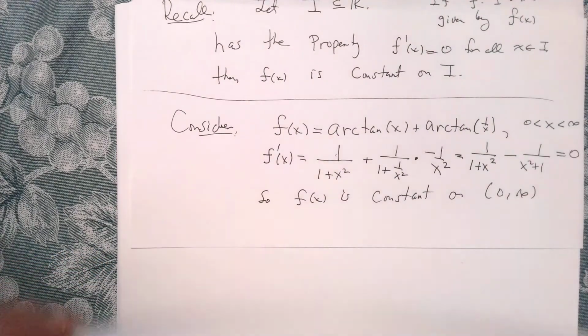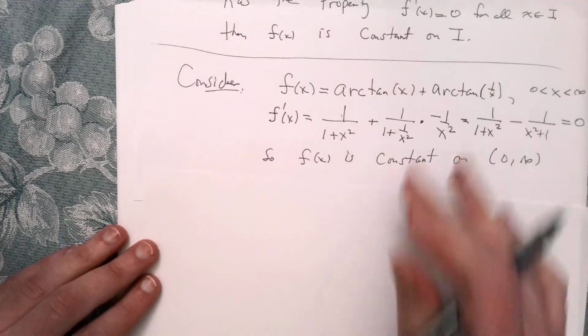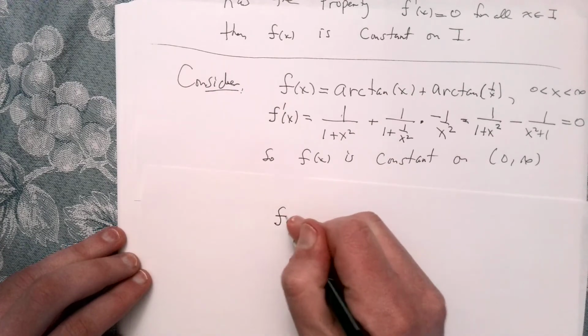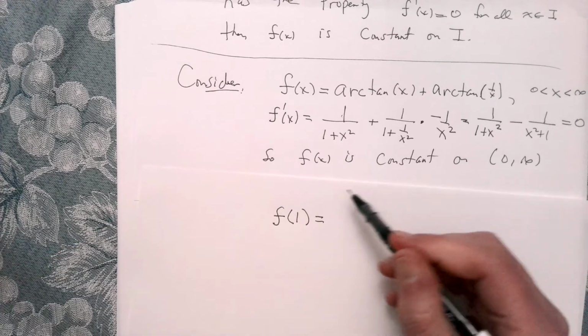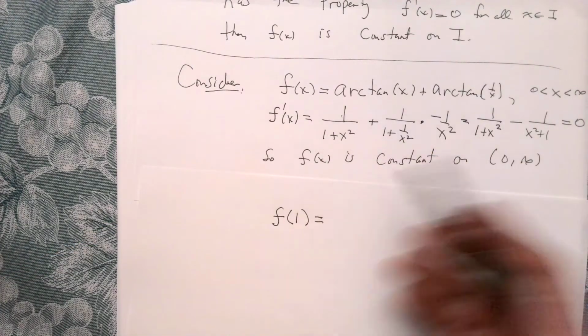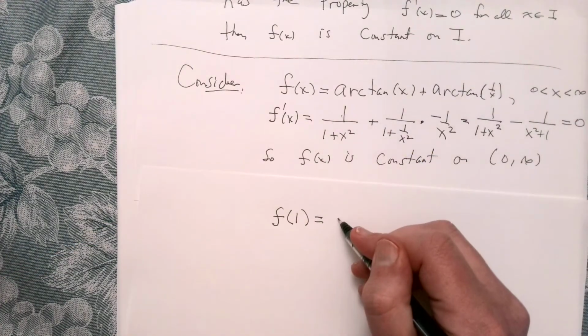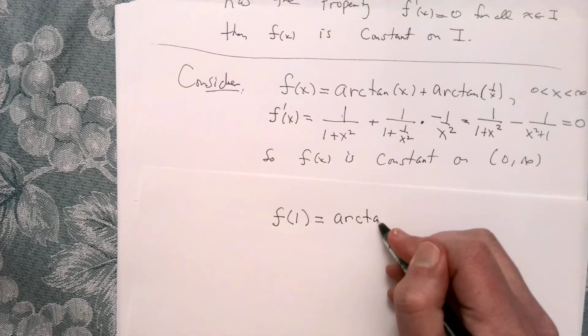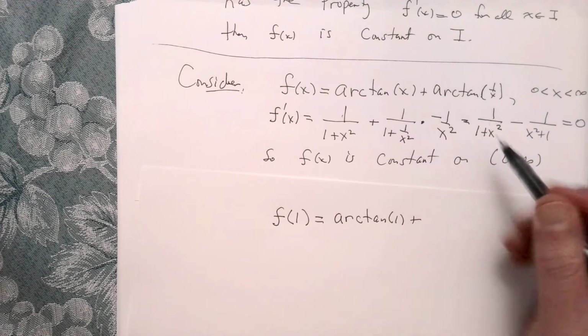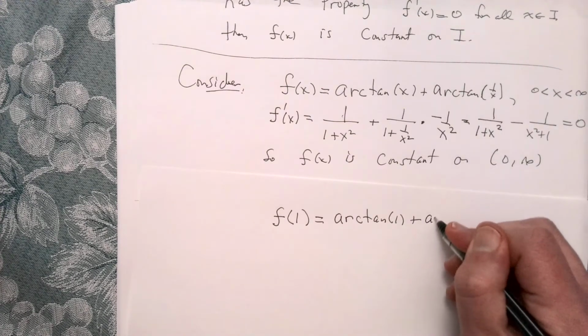So here's where we get to be kind of clever. f of 1 would be equal to, so I'm just doing a computation. I know for all inputs this is a constant function, so again, we can really use that and be clever. So this would be the arctangent of 1 plus the arctangent of 1 over 1, which is also the arctangent of 1.